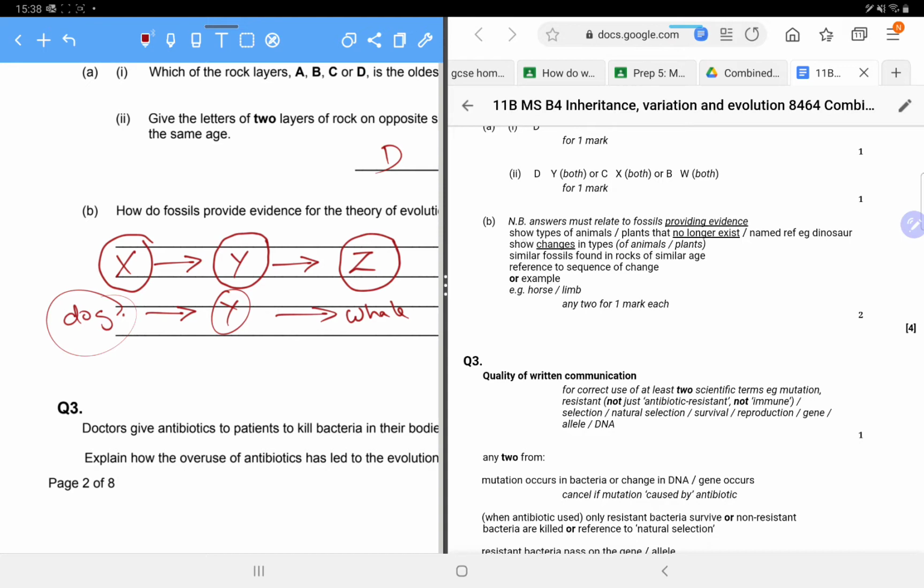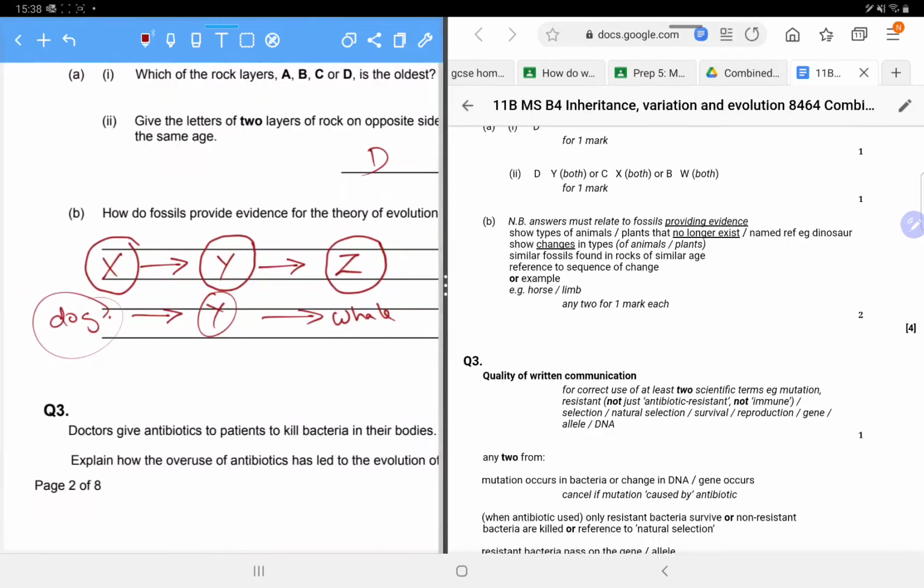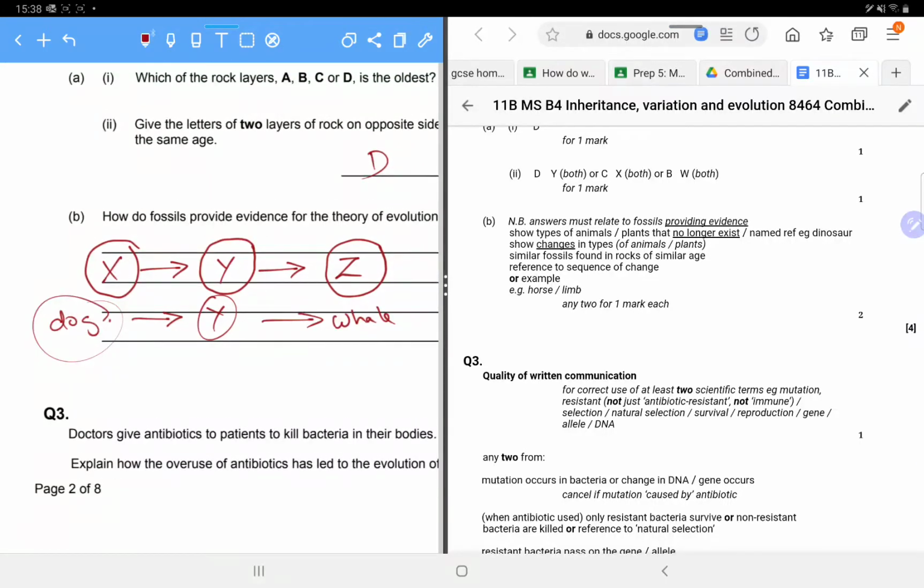So you can see here, they say it shows types of animals or plants that no longer exist, underlined. Named reference, e.g. a dinosaur. And they show changes in the types of animals, okay? Similar fossils found in rocks of a similar age, and reference to a sequence of change. With an example, horse limb, or any two for one mark. Now, I'm actually going to spend a bit more time on this because I think this is where our mark scheme is fantastic.